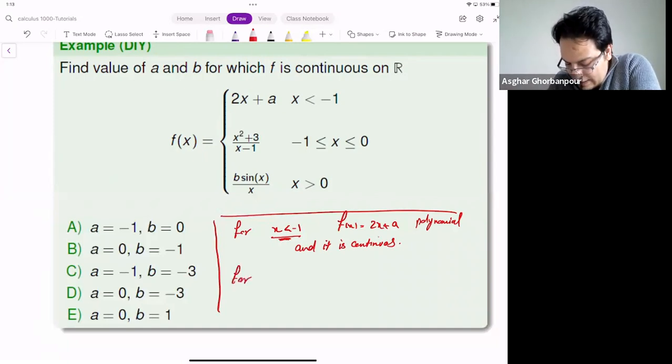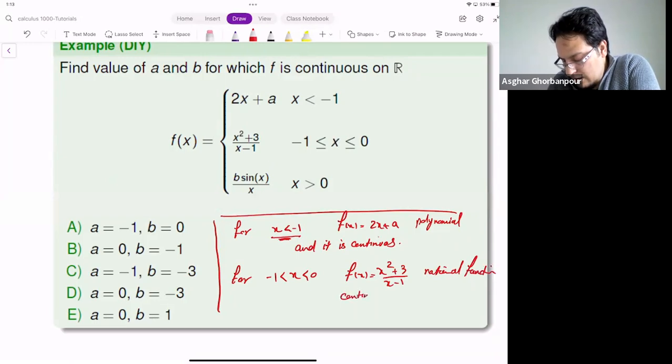For x between -1 and 0, I am intentionally dropping the values of 0 and -1, the function is given by (x squared plus 3) over (x minus 1). But this is a rational function, and it is continuous everywhere but 1.